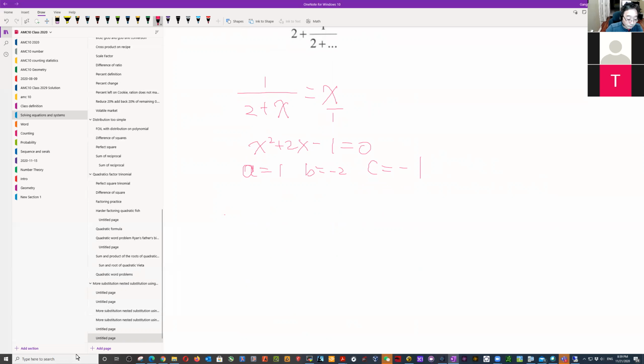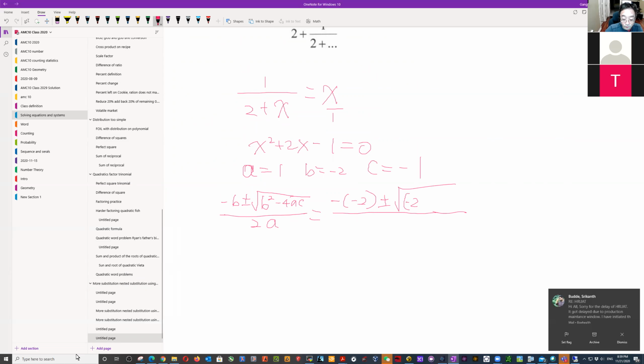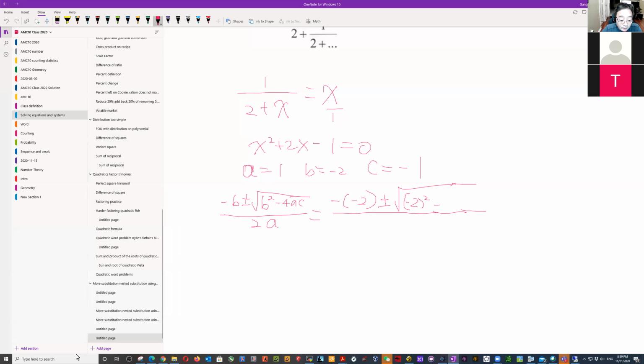The first step is to recite the formula: x equals negative b plus or minus the square root of b squared minus 4ac, all over 2a. Here b is -2, so -(-2) plus or minus the square root of (-2) squared minus 4 times 1 times -1, all over 2 times 1.